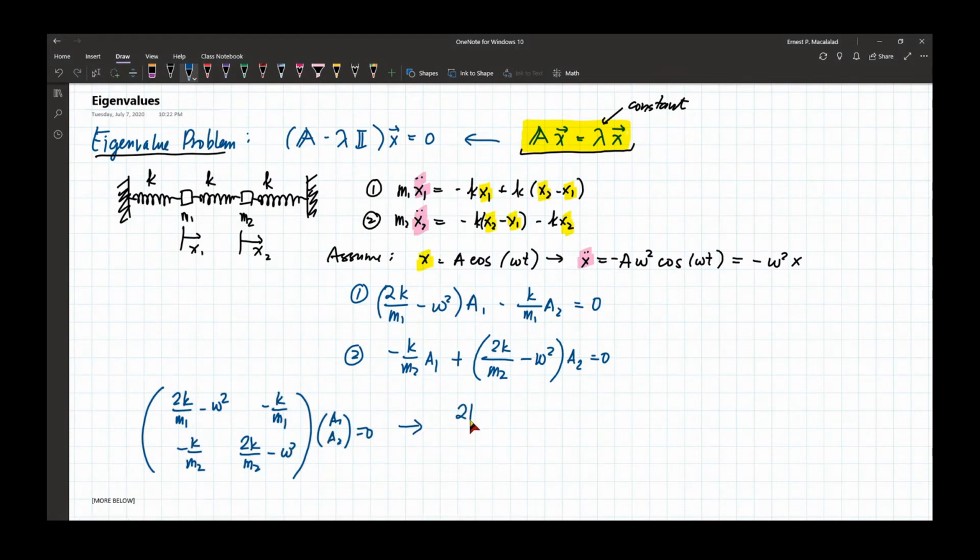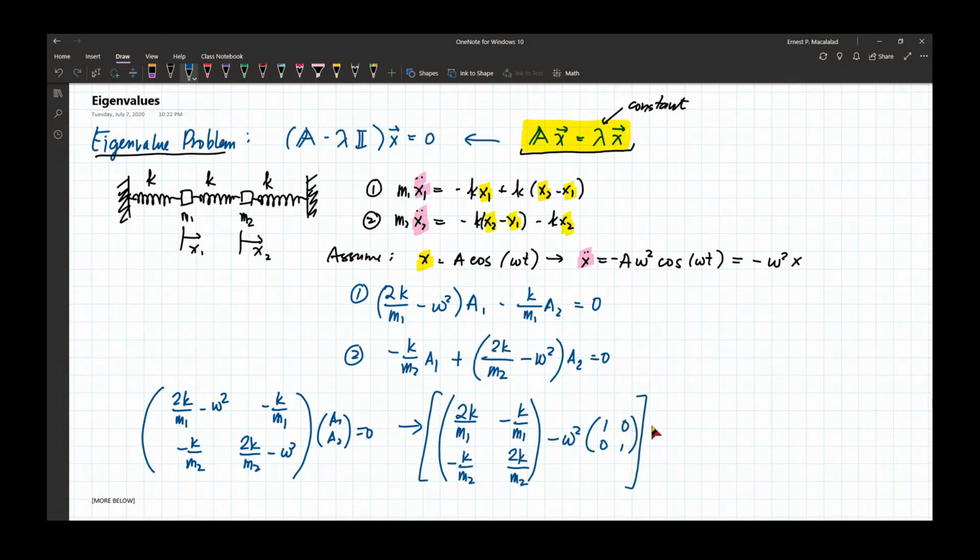So this is the matrix 2k over m1, minus k over m1, negative k over m2, and 2k over m2, minus omega squared times the identity matrix 1, 0, 0, 1, and this is your a1 and a2 equals 0.